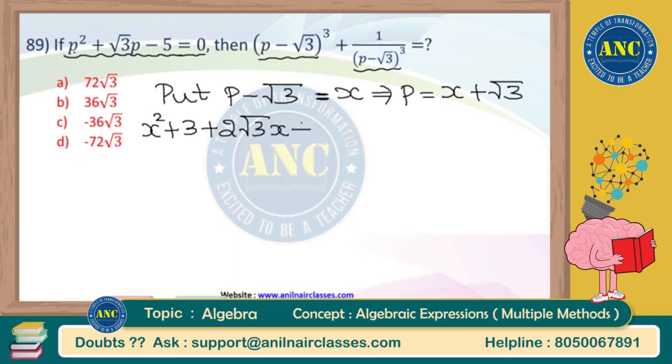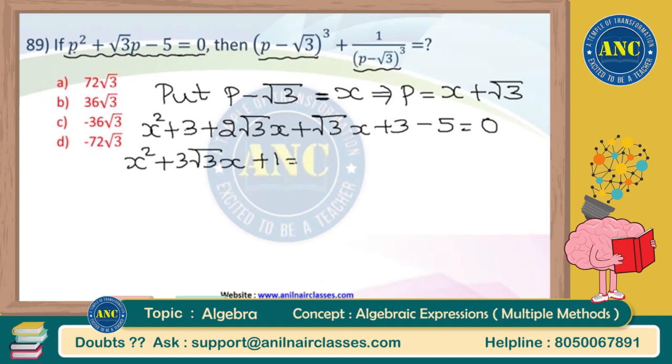Next, plus root 3 into p, root 3 into x, it is root 3x, plus root 3 into root 3, it is 3. That minus 5 equal to 0, I will write it as it is. So it is x square plus 2 root 3x plus root 3x. It is 3 root 3x, and then 3 plus 3 is 6, 6 minus 5 is 1, plus 1 equal to 0.